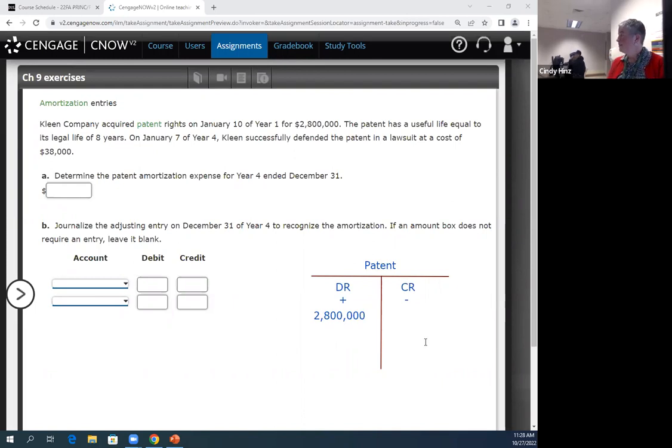This patent, they expect to write off over 8 years. And so the calculation of amortization for a patent looks very much like straight line depreciation. We take the historical cost, divide it by the estimated useful life, and that's 8 years.